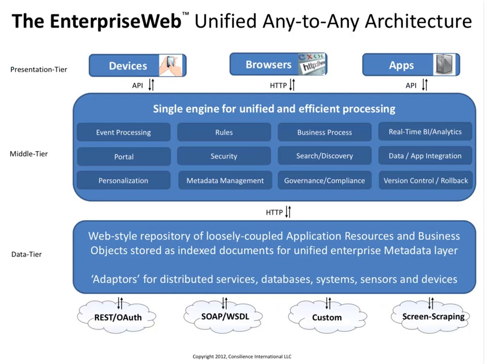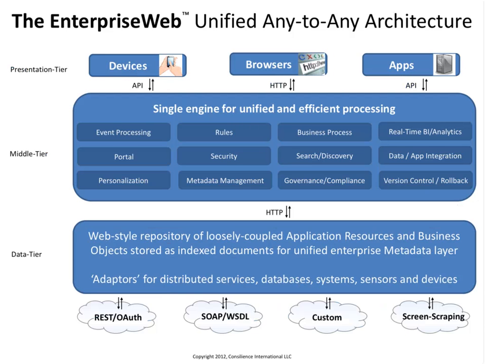Drilling into that a little bit deeper, we can see, back to that three-tier view of the world, from any to any presentation tier, really, right? And from any data tier, whether we're connecting things with RESTful services APIs, whether it's with OAuth or just a regular plain RESTful service, whether it's a SOAP service with a WSDL, a custom JavaScript integration, or maybe some stream harvesting, it really doesn't matter.